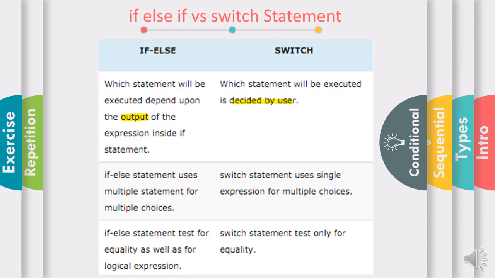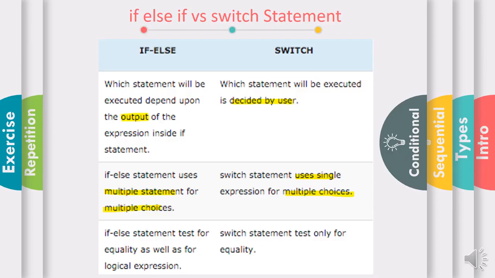The if else if statement has multiple statements for multiple choices, but the switch statement uses a single expression for multiple choices. In the switch statement, we just pass a single expression at the start of the statement.